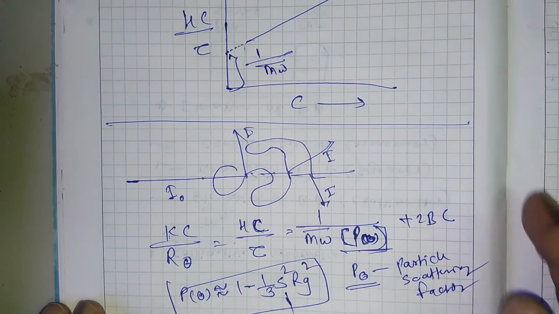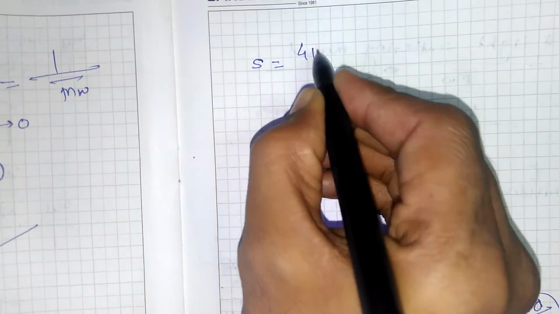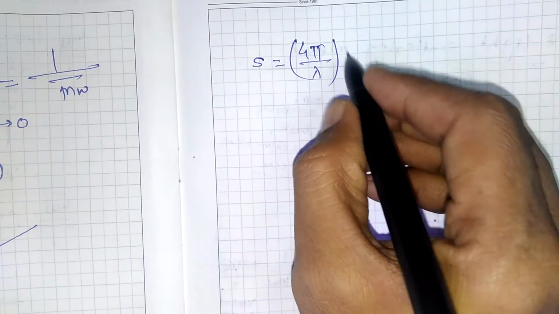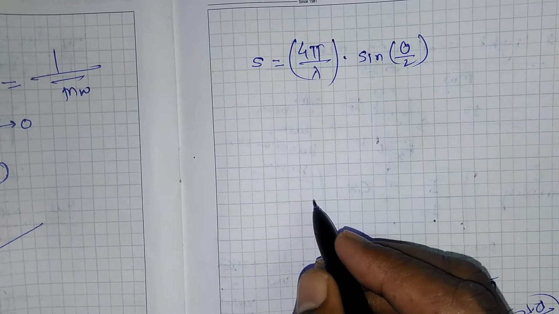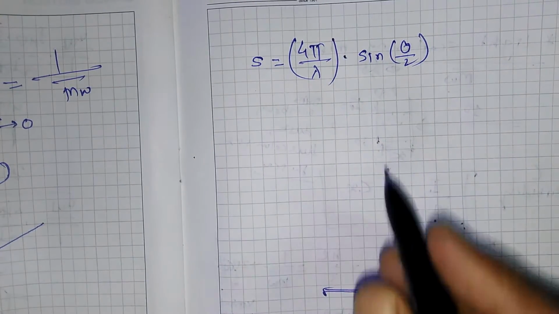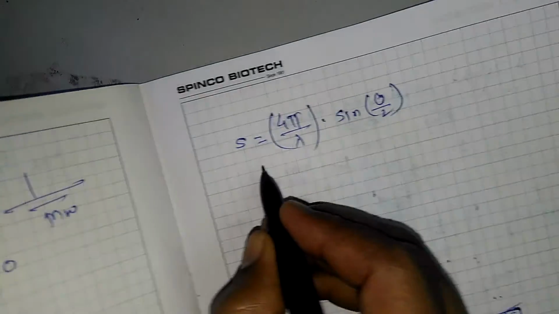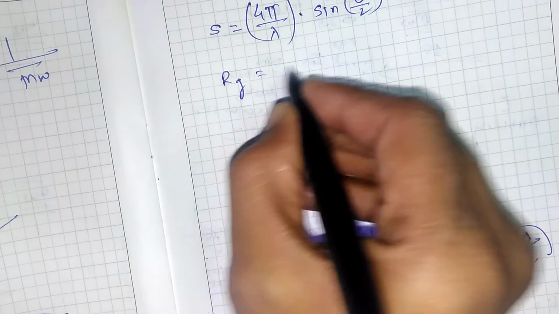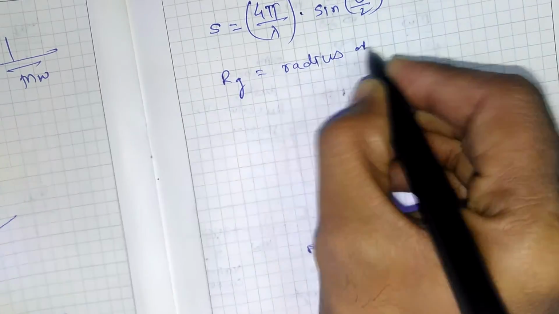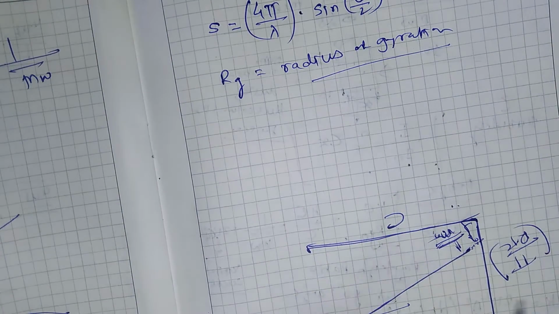Again the term s comes, and s has the value 4π by λ into sin θ by 2. Again there is the term Rg, this Rg is the radius of gyration, because our polymer is a coil in nature.